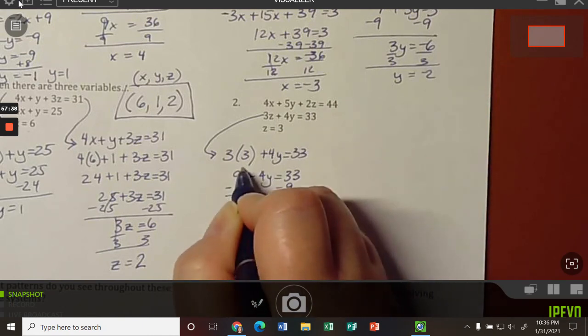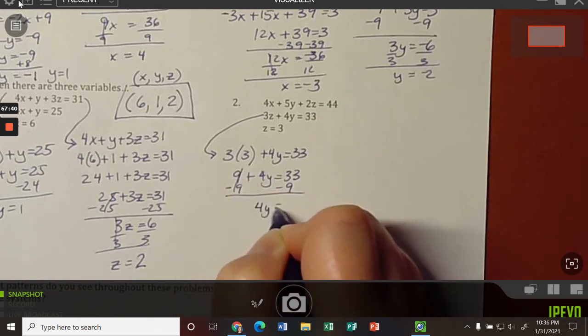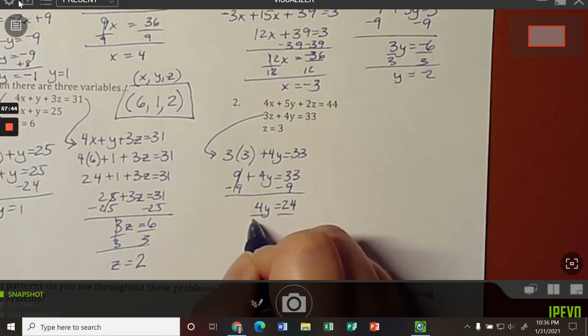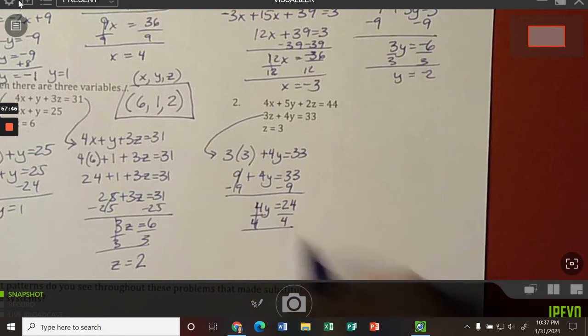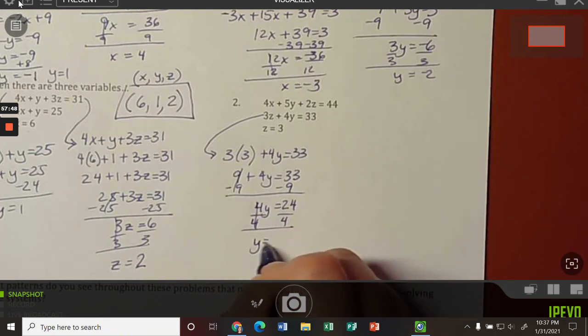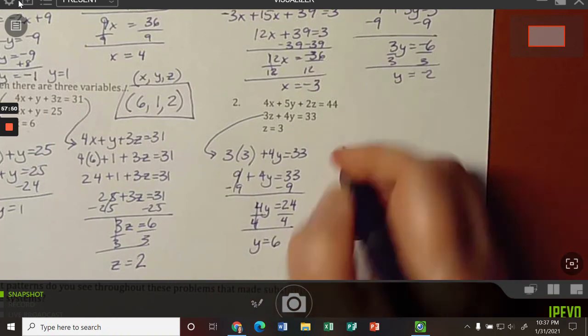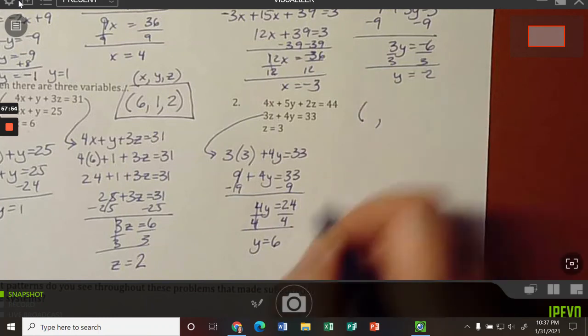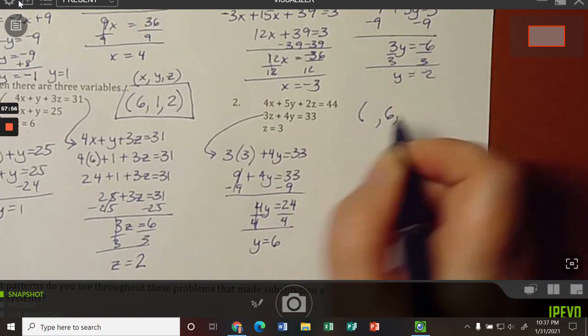Subtract 9 from each side. So this gives me 4y equals 24. And then divide each side by 4 to get y equals 6. Okay, so my ordered triple, I don't know x yet. I know that y is 6, and I know that z is 3.